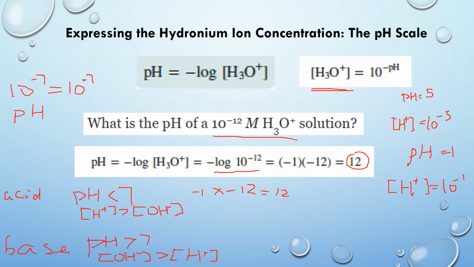When the concentration of proton increases, the pH will be less than 7, so this exponent becomes smaller, and we have a higher proton concentration than the hydroxide concentration. For a base, the pH is greater than 7, meaning the proton concentration becomes much smaller than the concentration of the hydroxide.